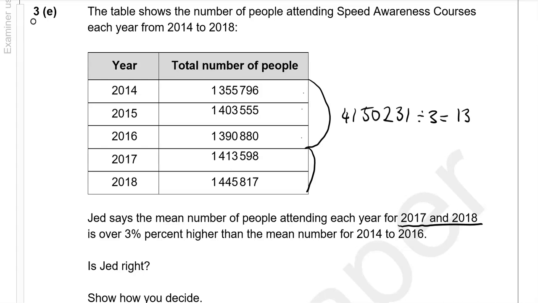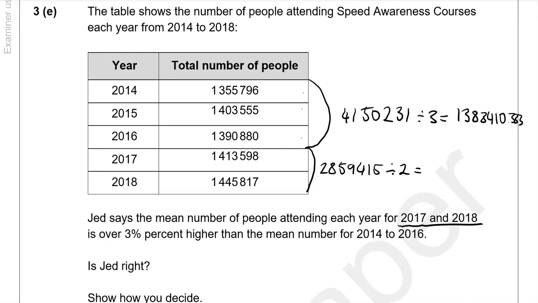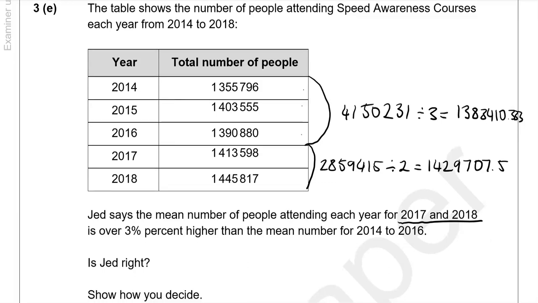it gives us 1383410.333. Let's repeat the process with the last two, and it gives us 1429707.5. So it is suggested that there is a 3% increase.